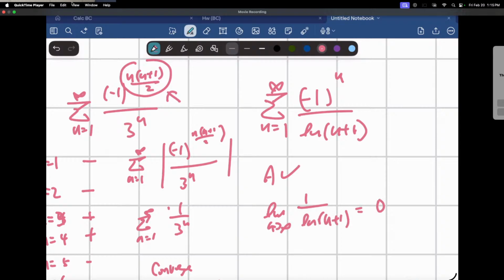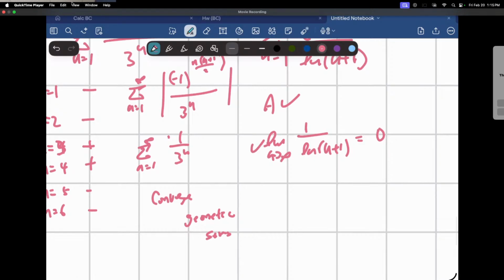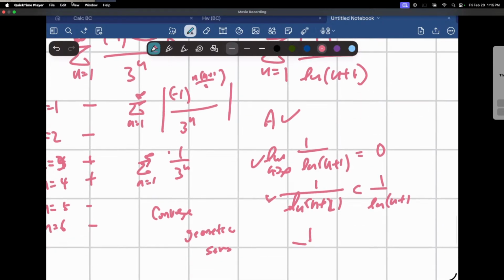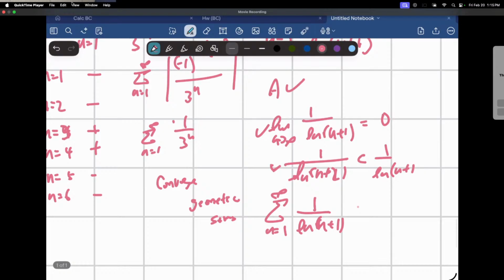That's equal to 0. And let's check. And then 1 over ln of n plus 2 is less than 1 over ln of n plus 1. Also check. But if you have 1 over ln of n plus 1 here, summation, from n equal 1 to infinity, you can do different tests to figure out this is actually diverge.